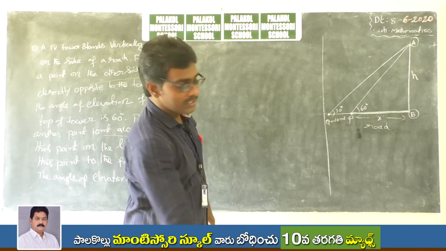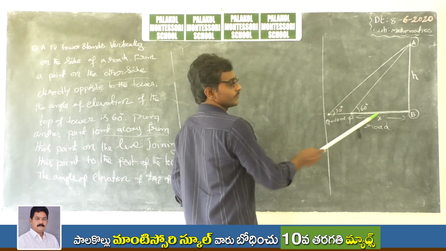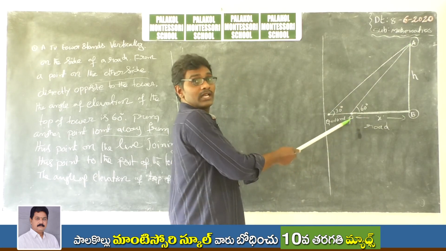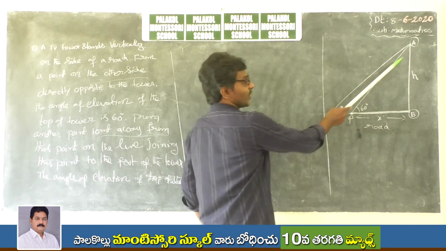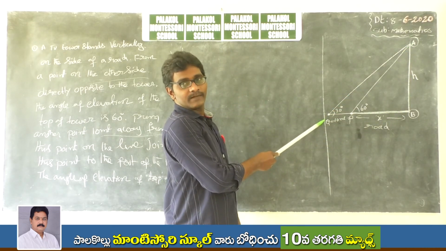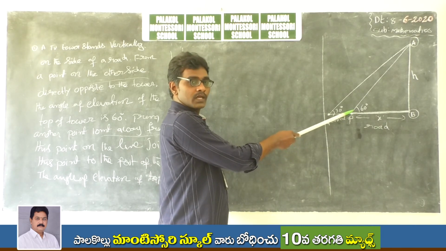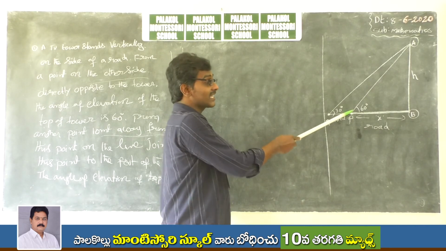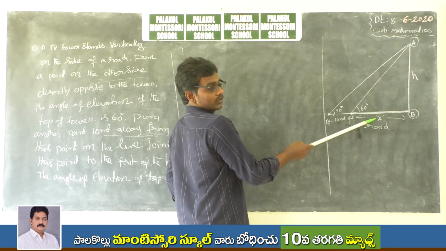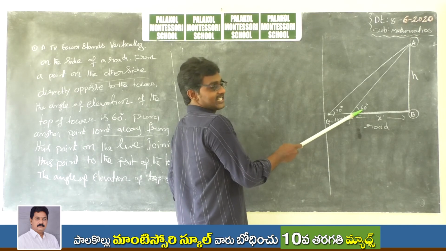Now see guys, first I write some points from the figure. You observe that in this case there are two right angle triangles. One is ABP, one right angle triangle. Another one is ABQ, another right angle triangle. First you take one right angle triangle, ABP. In this case H is unknown, X is unknown, but there is one known value, that is the 60 degrees angle.